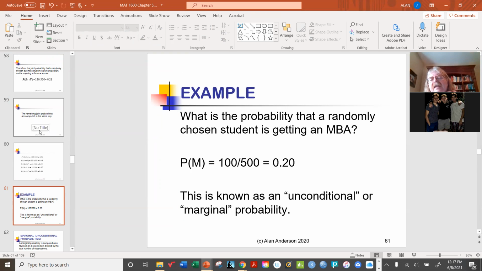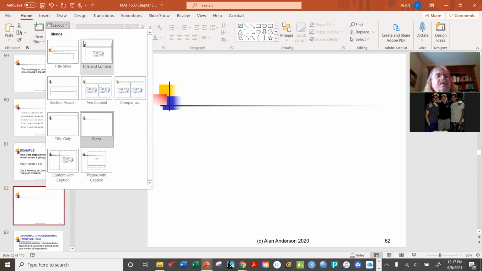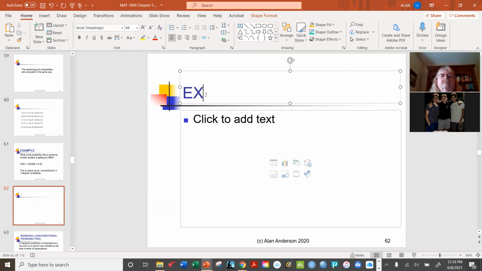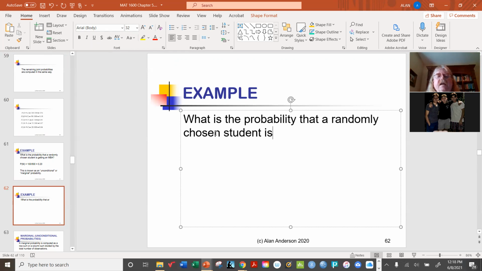Okay, now for these, there's several more that we could do. Let's just pick one more at random. What is the probability that a randomly chosen student is majoring in accounting?